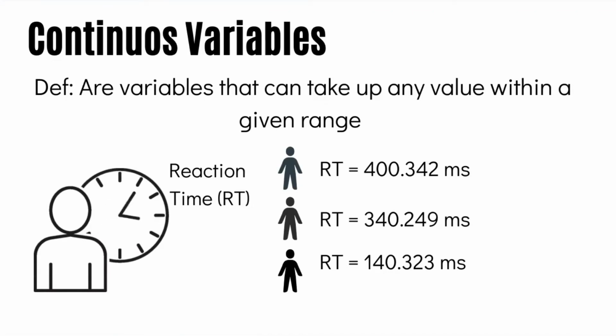The first participant has a reaction time of 400.342 milliseconds, whereas the reaction times for the other two participants are around 340.249 milliseconds and 140.323 milliseconds. You can see that these values can take any value within a given range. Thus, reaction times are really good examples of the continuous nature of variables, because they can take up any value.